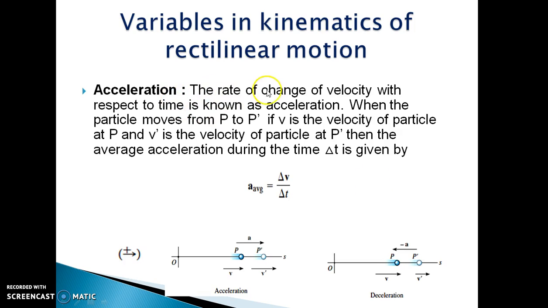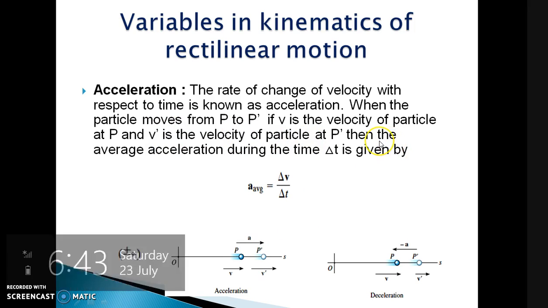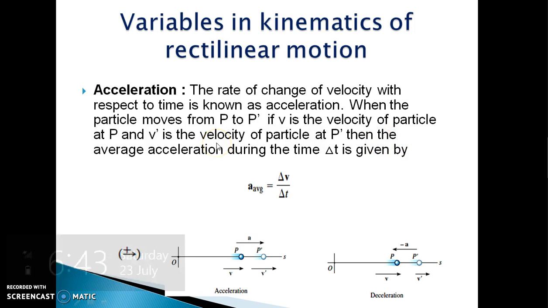Acceleration. The rate of change of velocity with respect to time is known as acceleration. When the particle moves from P to P dash, if the velocity of the particle at P is v and v dash is the velocity at P dash, then the average acceleration during the time delta t is given by A average is equal to delta v upon delta t.